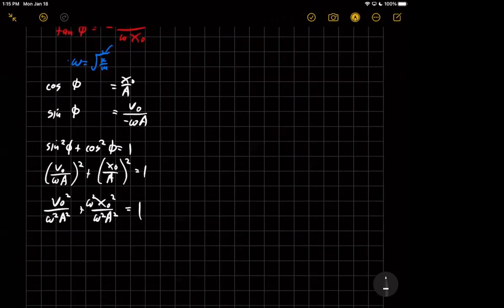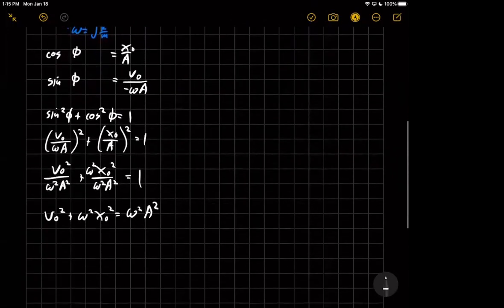To get a common denominator, I'll make that omega squared X naught squared in the numerator. Now we can multiply both sides through by omega squared A squared and get V naught squared plus omega squared X naught squared is equal to omega squared A squared.